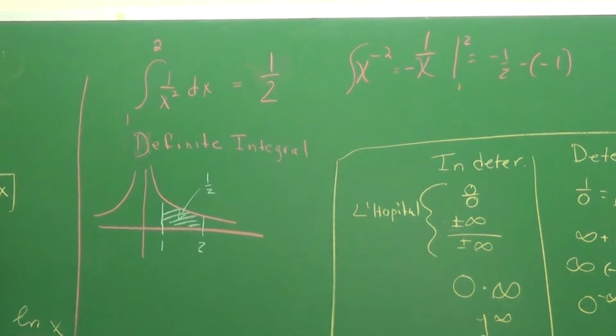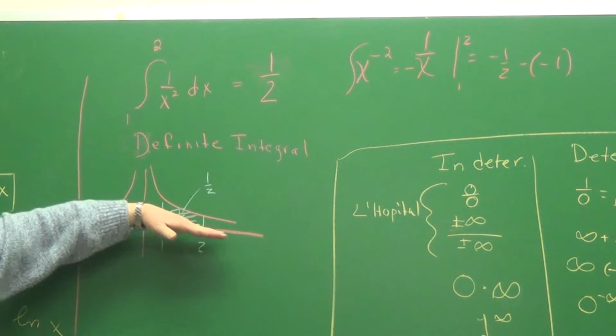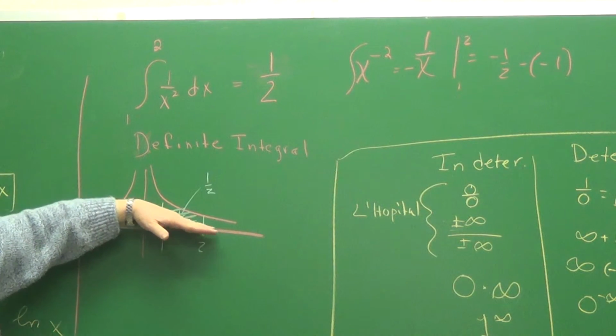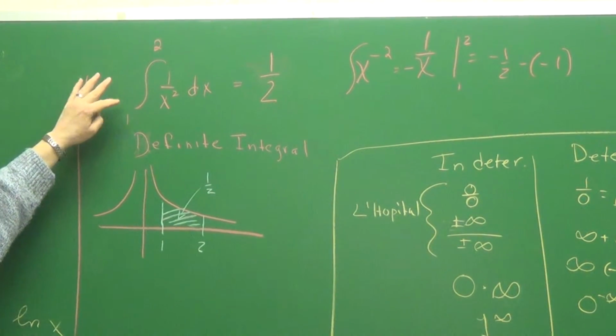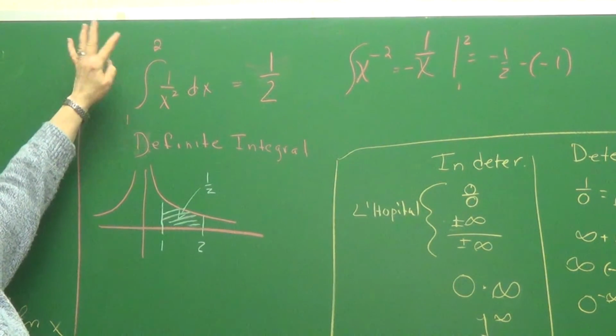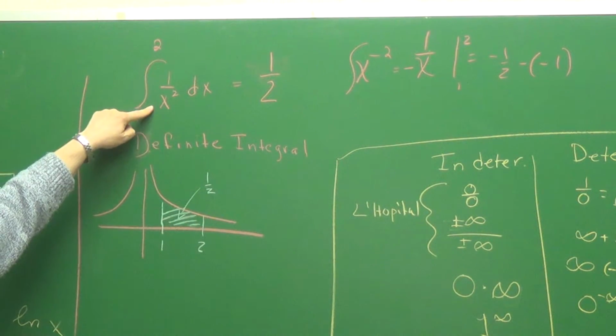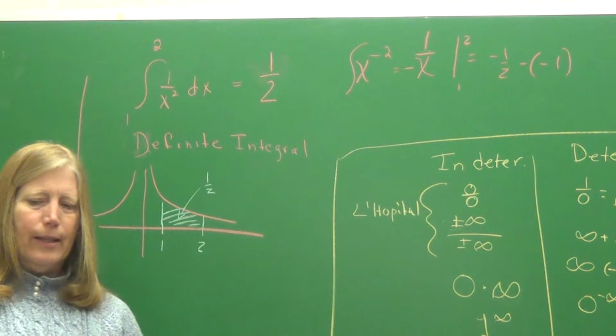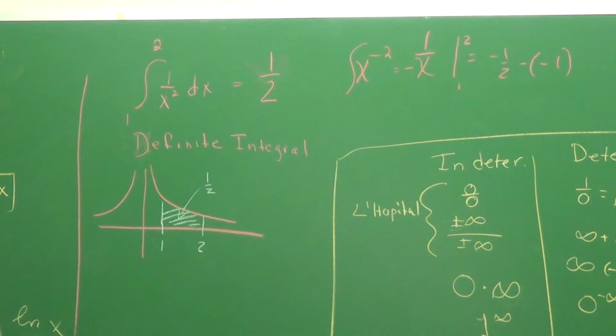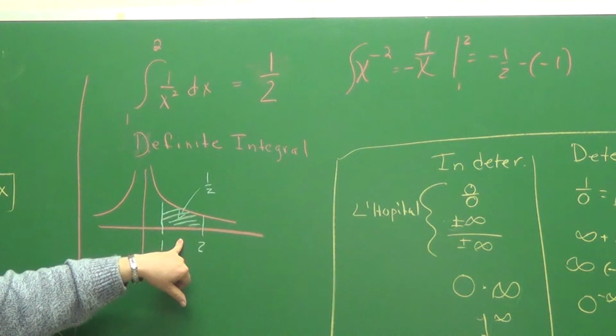The way I've drawn it, it probably comes down and hugs the x-axis a lot quicker than my sketch does, but that's what that means. The integral is the area under the curve between 1 and 2 of y equals 1/x². So, any questions about general definite integrals, what we're looking for and what we have once we find them? All right, the area under this curve.